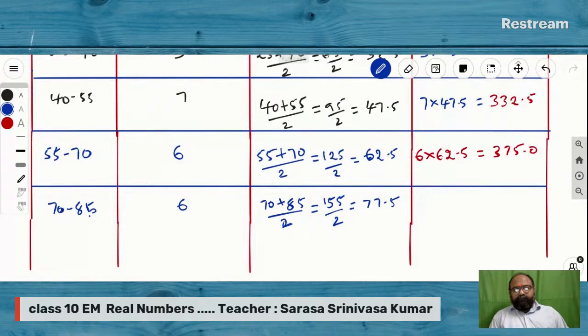Now we multiply 6 multiplied by 77.5. This is equal to 465.